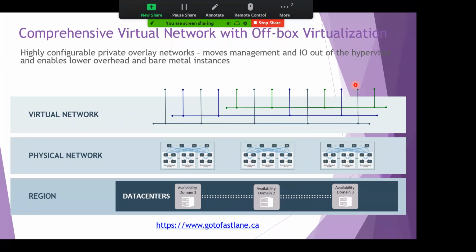Let's revise what Abhishek just said. What is a hypervisor? A hypervisor is essentially software that helps you create and run virtual machines. You have one host and multiple VMs, which share resources like memory, for example. And what is off-box virtualization?